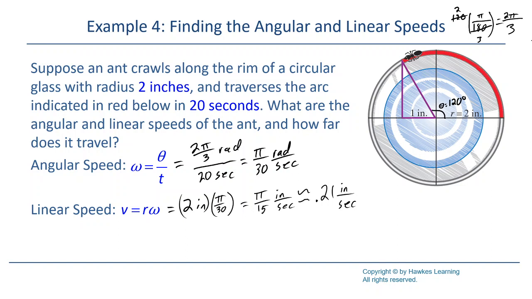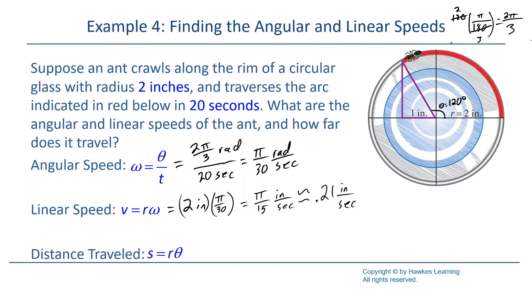And then the last thing we want to do is find the distance that it traveled. The distance that it traveled is going to be the radius times theta, because remember, this is the arc length in radians.